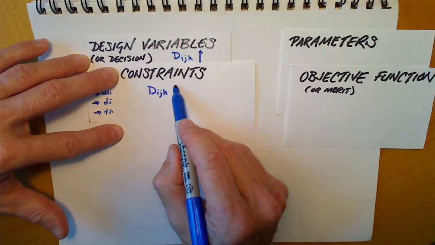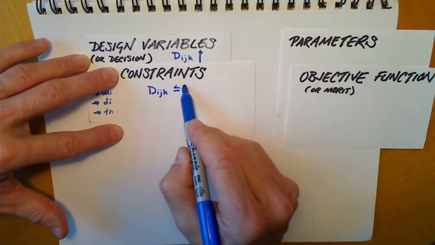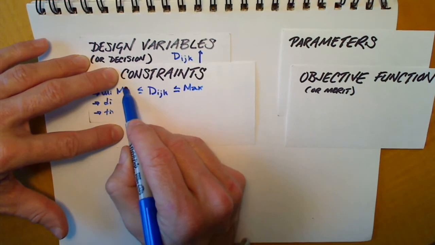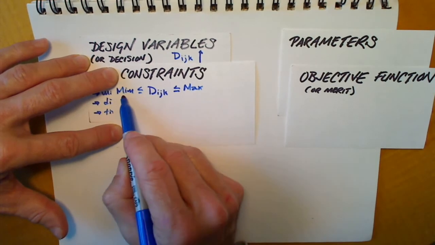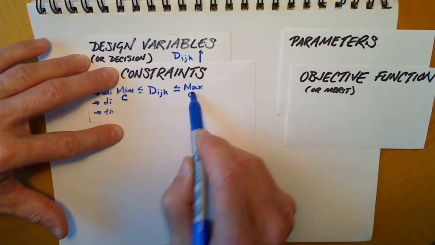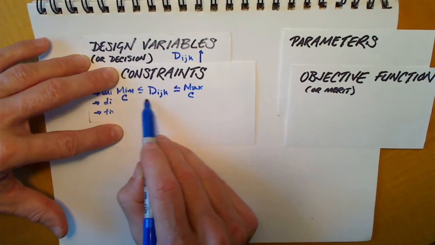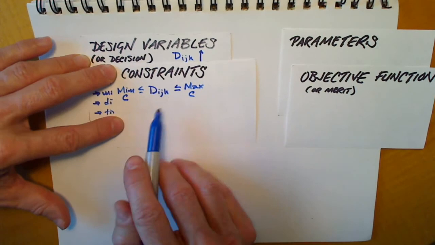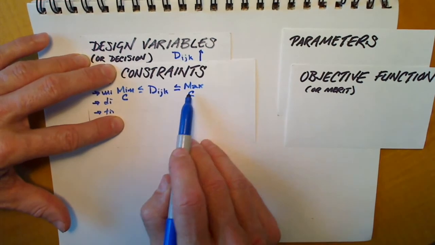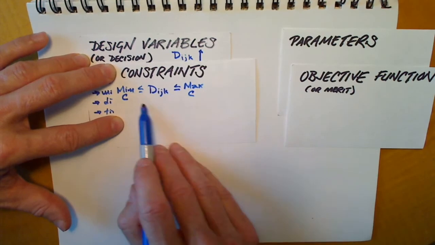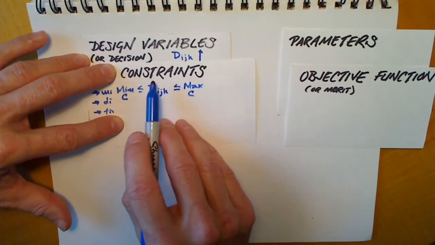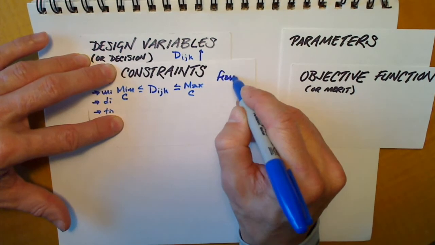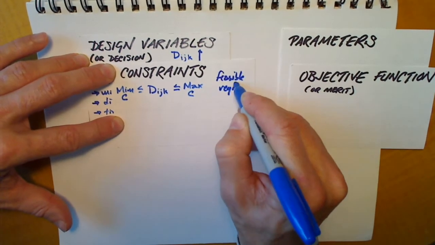Whichever the design variable is, there might be a maximum and a minimum constraint into which the design variable must ascribe. That is, it has to fit either within these physical dimensions, or it has to fit within the start and finish time, or it has to fit within whatever the constraints that bound the feasible region on the design variables is.